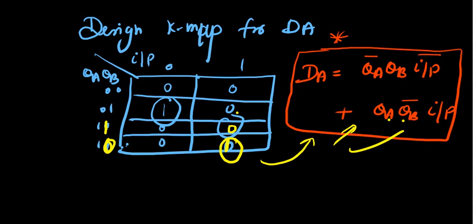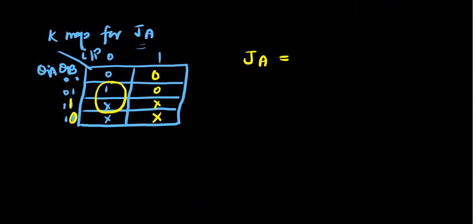But yeah, here we need to do this, and we have to swap this. We have both cross, so no issue. JA is equal to QB input bar.